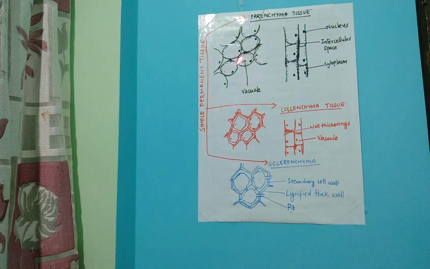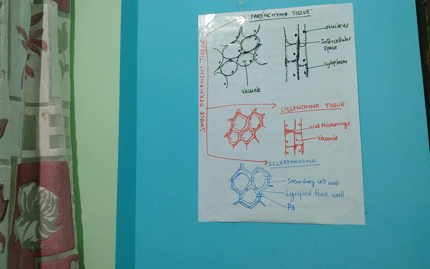And some of them help in giving buoyancy to the plant. That means it helps the plant to float in hydrophytes, that is the aquatic plants. At that time the parenchyma is known as aerenchyma. So parenchyma can be chlorenchyma and it can also be aerenchyma.